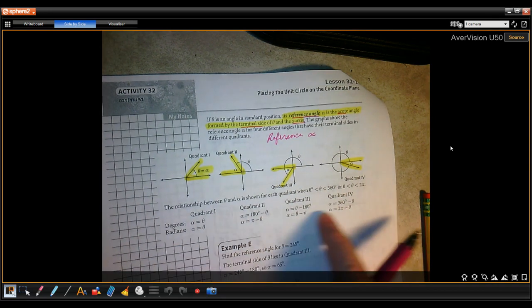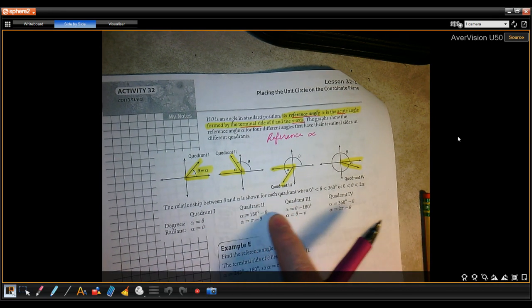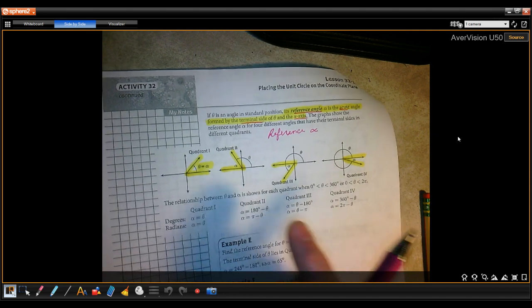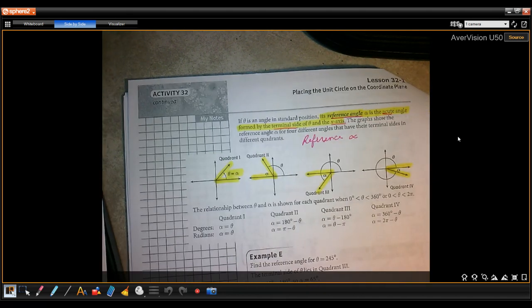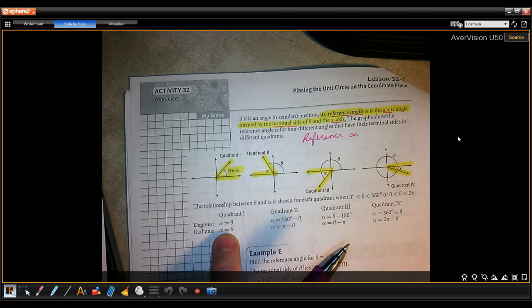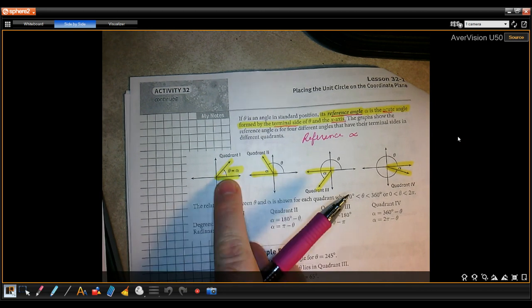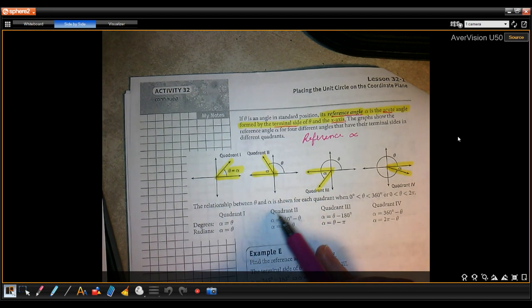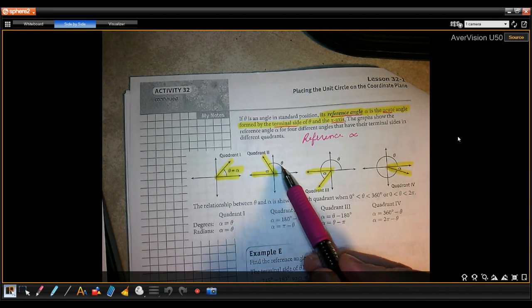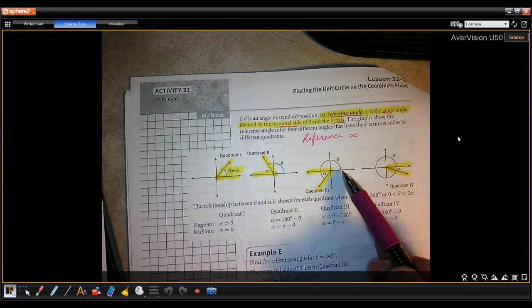And then it tells you how to find them. I don't really memorize all these, so I don't know if I'd want you to either, but you can definitely use it as a guide to get you started. Here the reference angle is the same thing as theta. Here the reference angle is 180 minus theta. So this is theta, the line is 180, minus theta is your leftover.